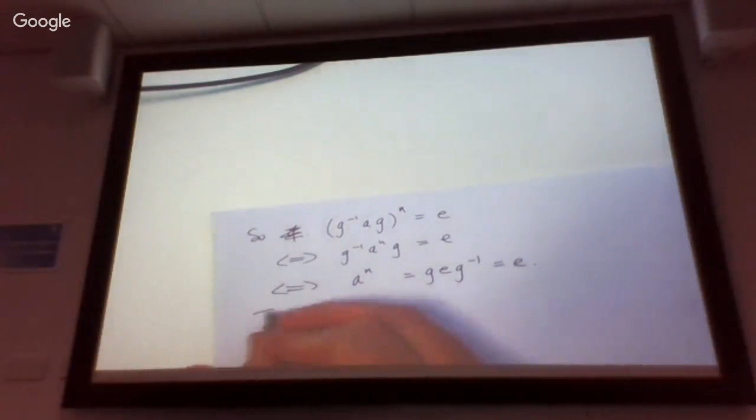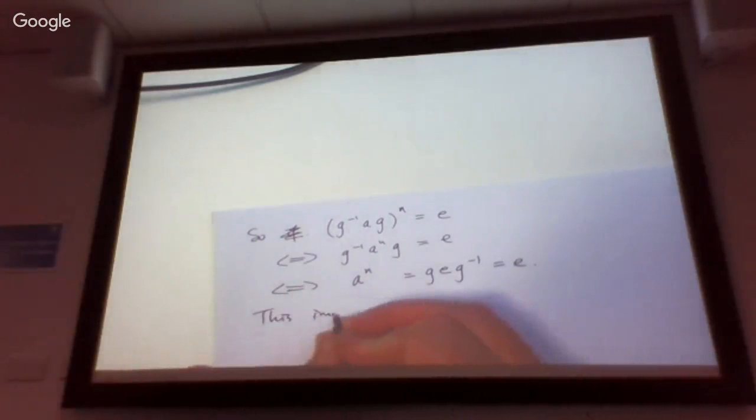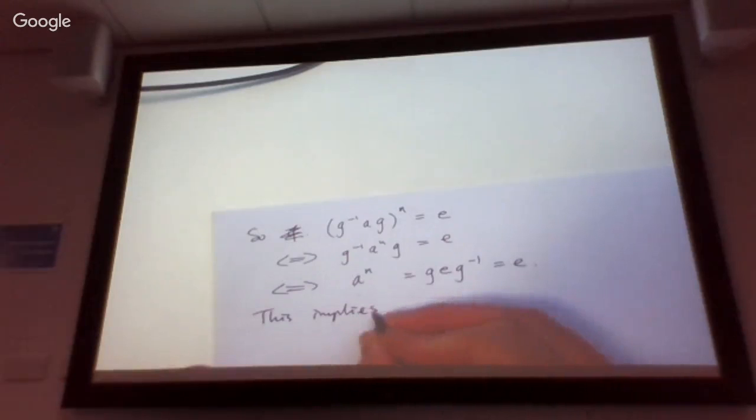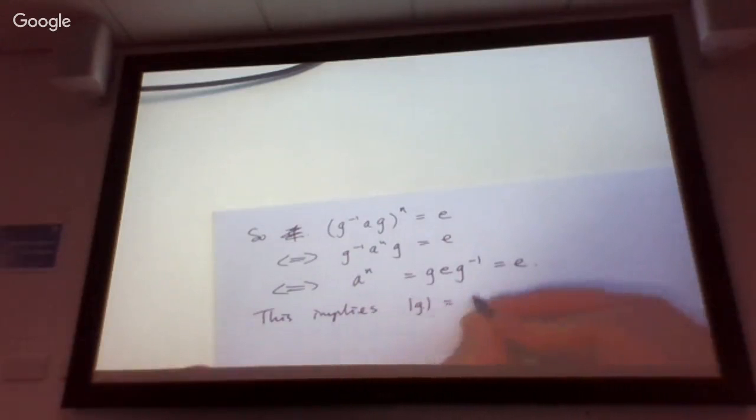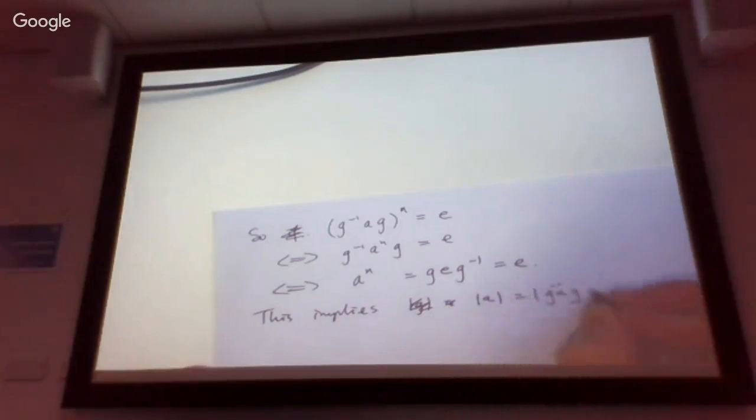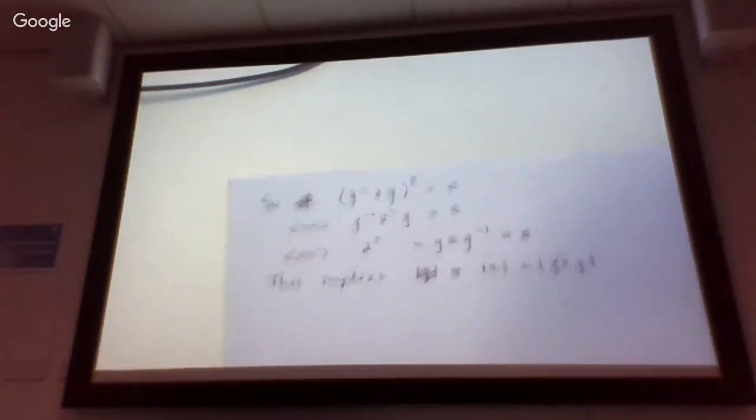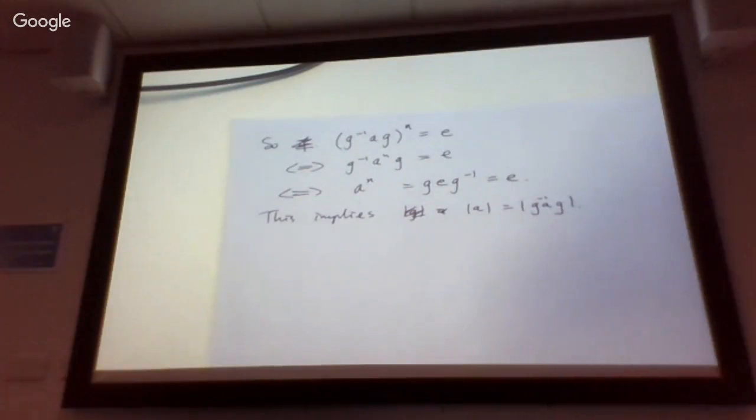So this element is a conjugate of A by the element G, but then the same thing holds for any power of A. This element over here is the conjugate by G of A to the power n. Get this nice relation.